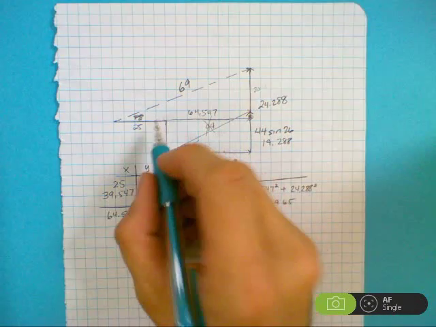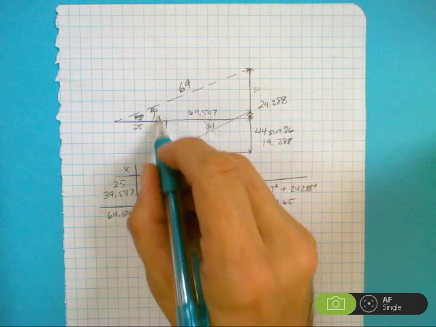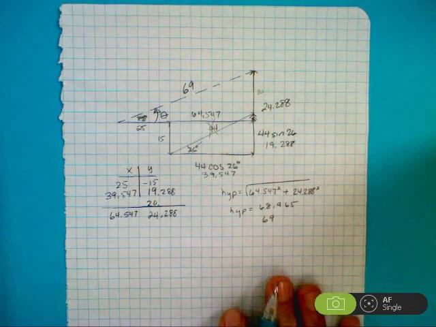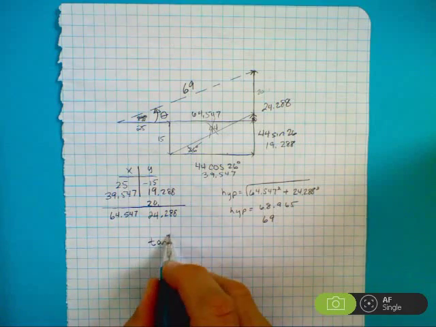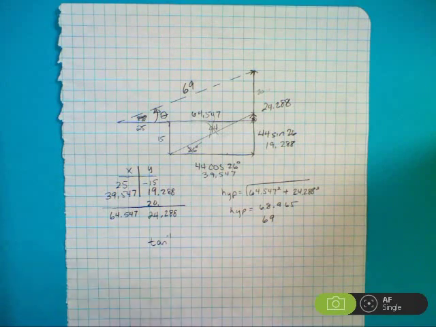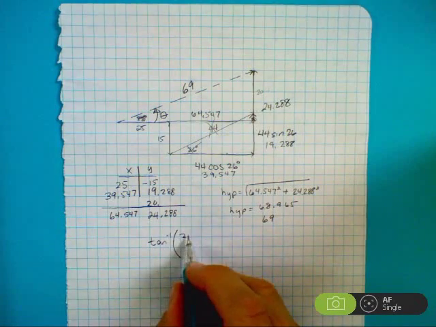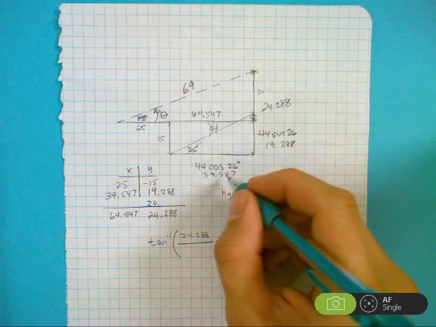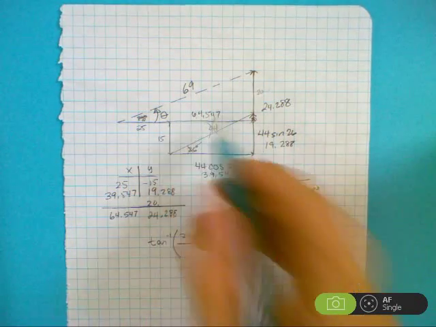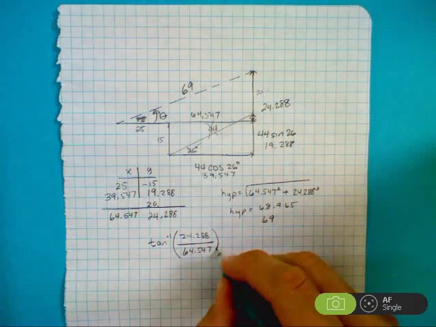For direction, this is the angle that I would like to discover. The value of this becomes my theta. And so as we have always done, I'm going to use the inverse tangent of the opposite, which is 24.288, over the adjacent, 64.547.